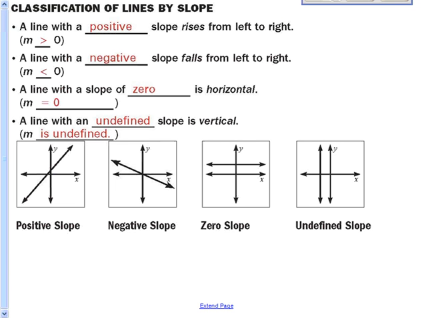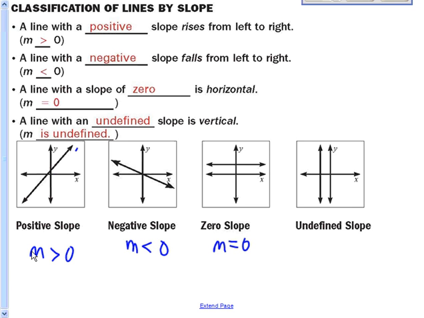Classification of lines by slope. Well, if you have a slope that's positive, like that last one we had, a slope of 2/3, that's what it's going to look like. So you go up and to the right. Now if your slope is negative, let's say we do the formula and we get a slope of -4, it's going to go down and to the right. If our slope is 0, it's going to look horizontal.